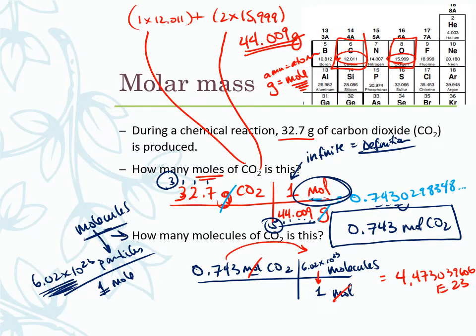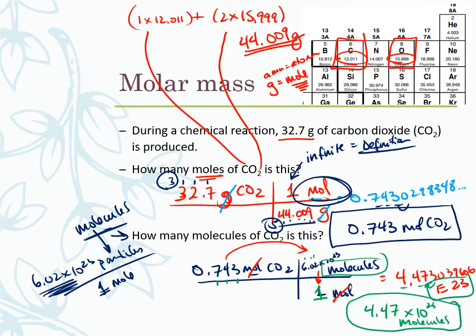How many sig figs are we going to keep? 1, 2, 3. Infinite is more than 3. So we're going to keep 1, 2, 3. 3 leaves that 7 a 7. 4.47. Remember that E23 means times 10 to the 23rd power. And my answer is going to be labeled in molecules of CO2. Good? Maybe a little bit good?